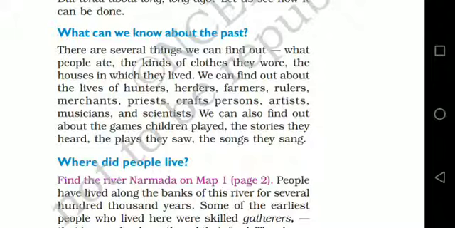So several things we can know, like what type of people there were at that time, what type of clothes they were wearing, and in which they were living.